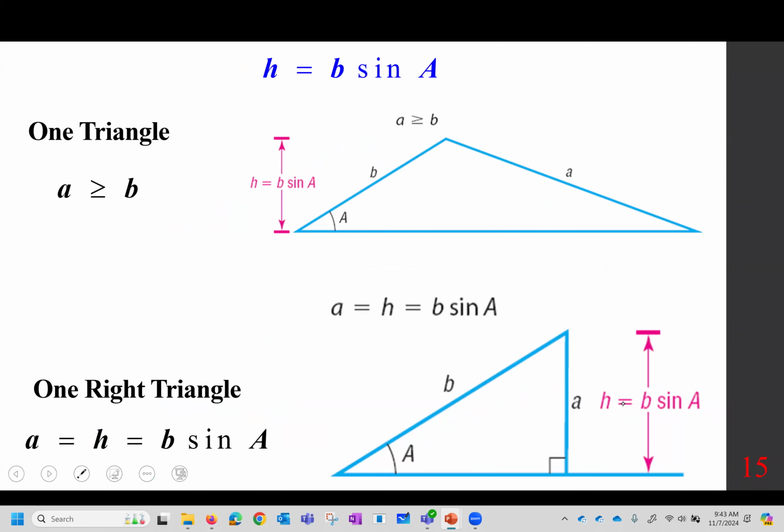If A is larger than or equal to B, we get one triangle, because H is B sine A. And if A equals H equals B sine A, we get one. This one more specifically is a right triangle. So that's why it's called the ambiguous case. Let's look at examples of that, everybody.